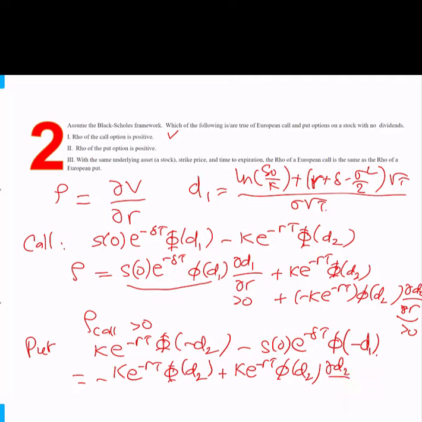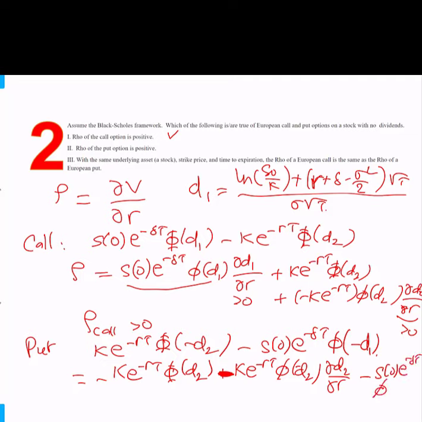Remember, capital phi and little phi are different. Partial derivative d2 over, it should be partial derivative of minus d2. This is phi minus d2. So this should be minus psi right here. You see it, minus psi over delta r. And minus this one, right?